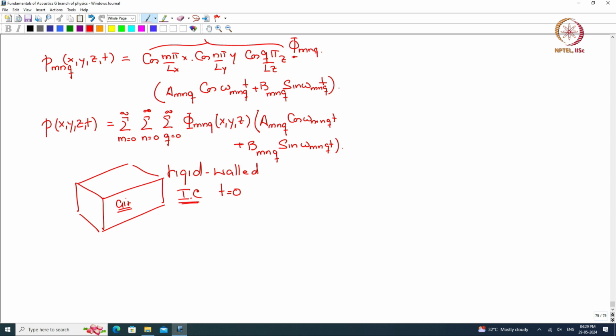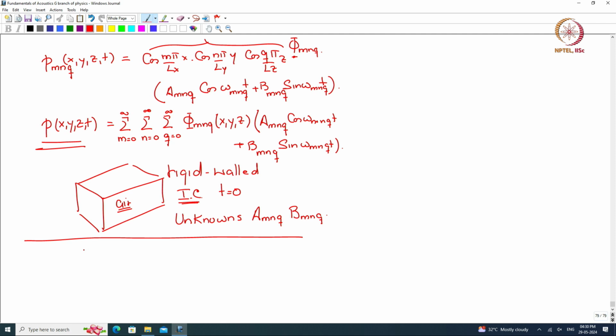From there I am going to figure out what's going to happen, and this is what is going to happen. So the unknowns are A_mnq and B_mnq. We got to figure that out based on the initial value problem.